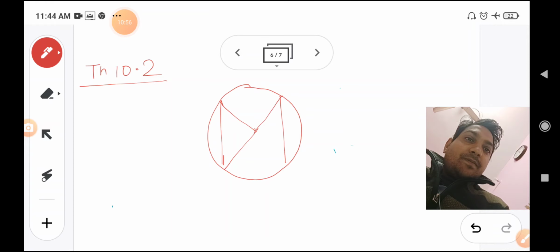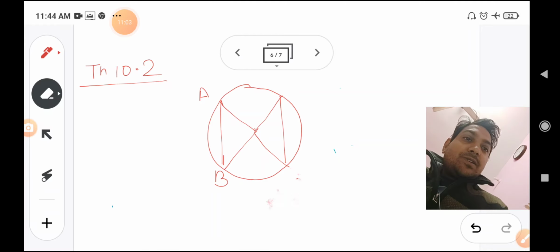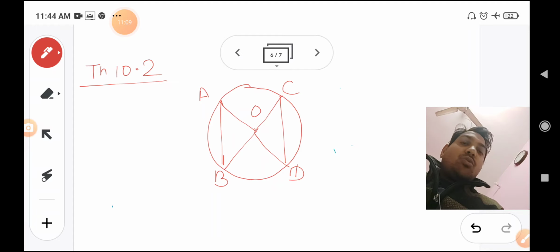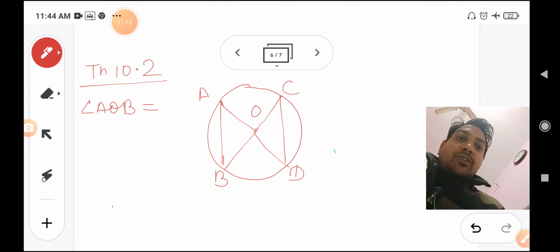See, this is AB, this is CD, and this is point O. What is given is angle AOB is equal to angle COD.